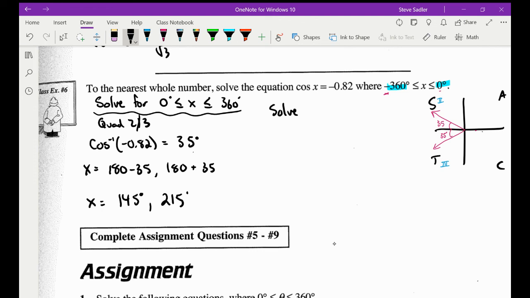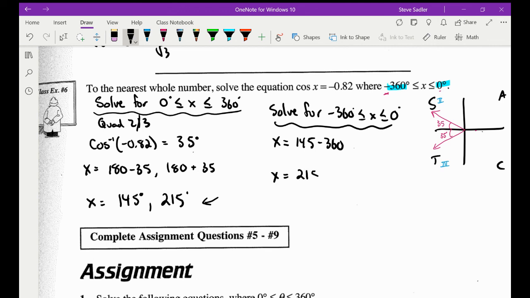So our next step is to solve for negative 360 and 0. So what we're going to do is take our answers from over here and subtract 360. So 145 minus 360 and 215 minus 360.